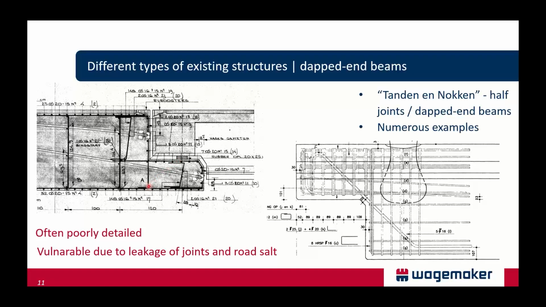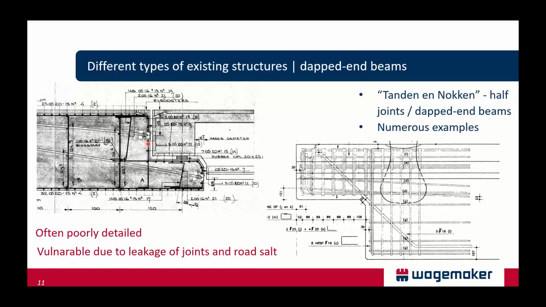And anchorage length isn't that large either. So this is a rather short piece of anchorage. So it's questionable whether all reinforcement bars can be loaded to the stress level they were initially designed for.